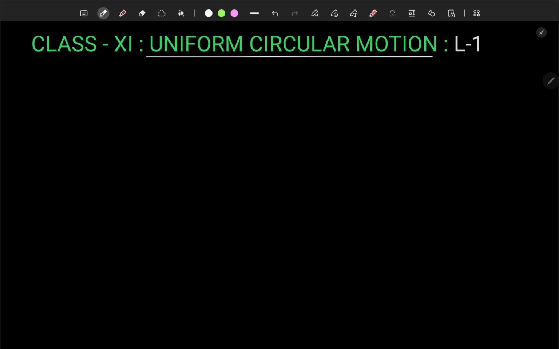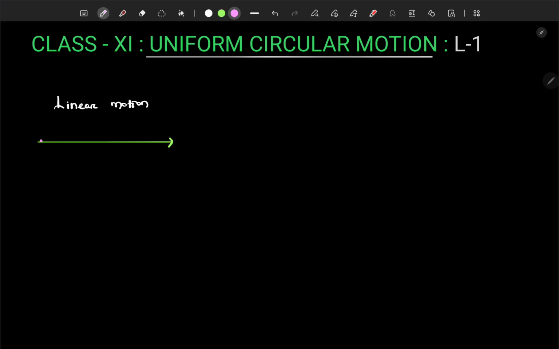First, try to understand the basic difference between linear motion and circular motion. In linear motion, linear means the path is straight.